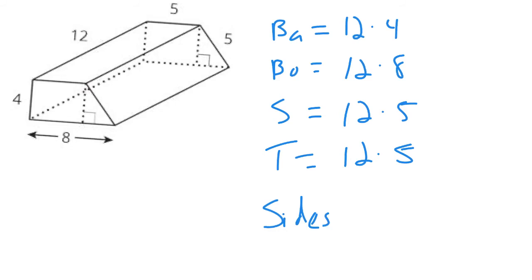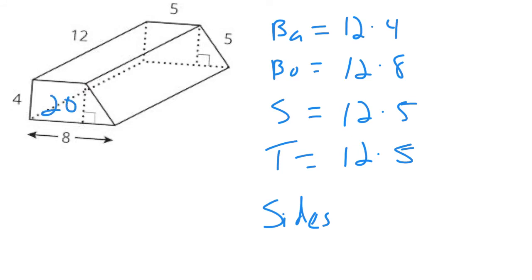Well, those sides we actually find by solving out each of those pieces. So we have the dimensions of this rectangle and dimensions of this. Well, this is 8 across, but this is 5 across. So we know this is 5 by 4, so that's going to be 20.